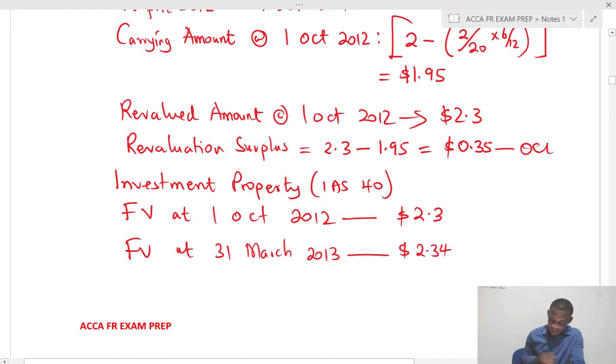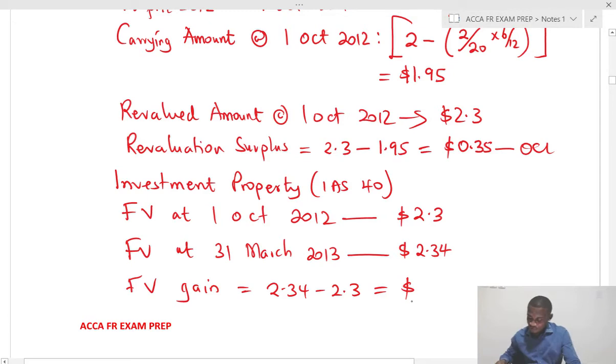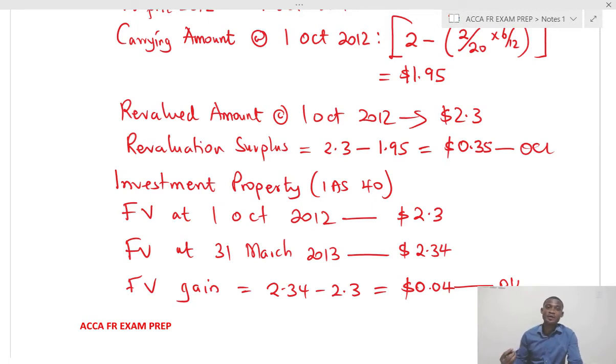What it then suggests is that there is a fair value gain, and that fair value gain should be 2.34 minus 2.3, which gives us 0.04. In terms of the financial statements, this would go to P&L as a fair value gain, and that is what the principle indicates: when we adopt a fair value model for investment property, the fair value movement should be recognized in P&L.